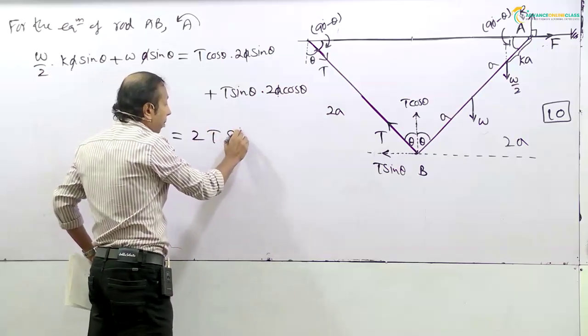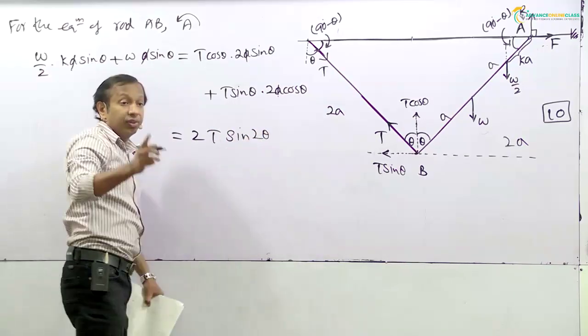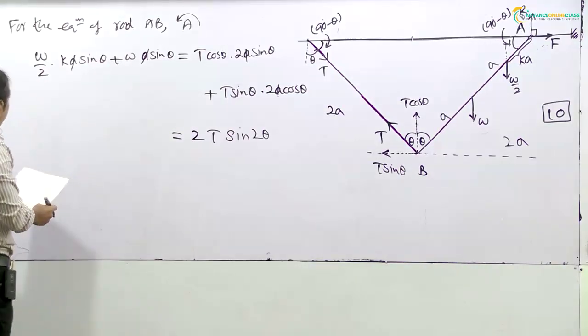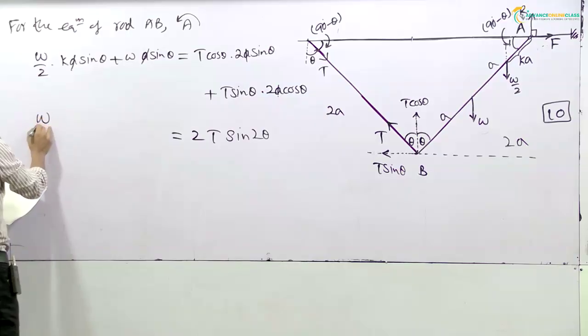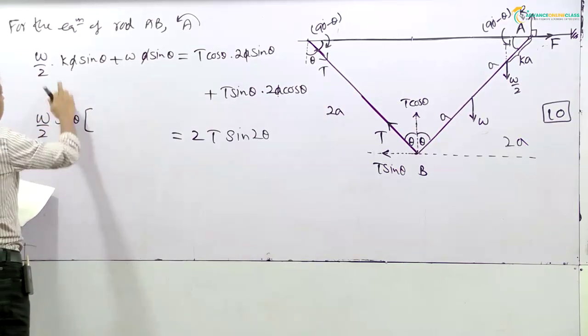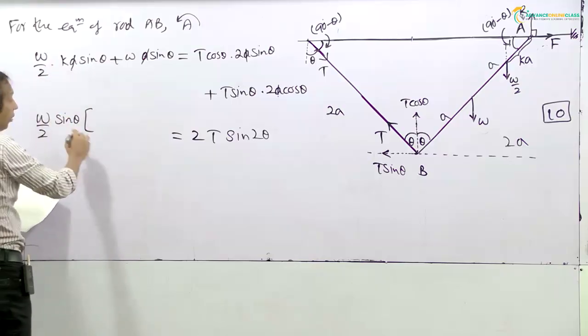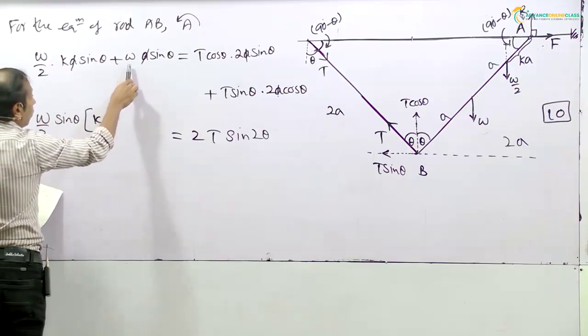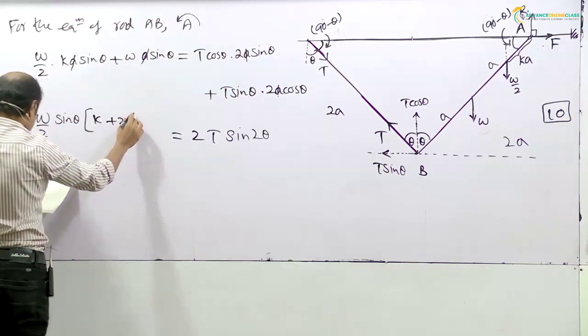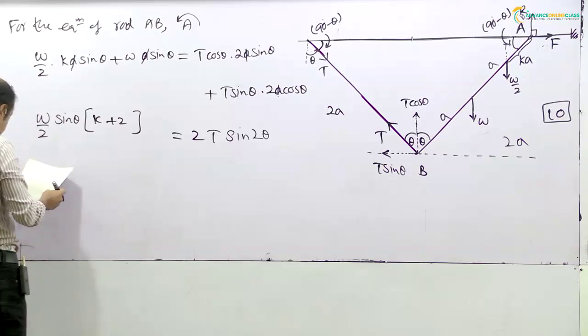Here you can take W by 2 sin theta out of the bracket, leaving k here. When you take W by 2 sin theta out, this is 2, no? By this we can make T the subject.